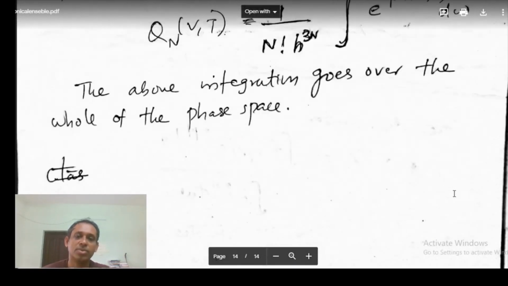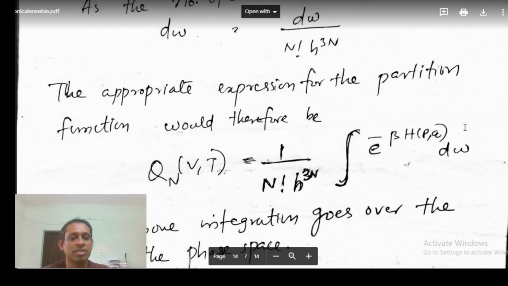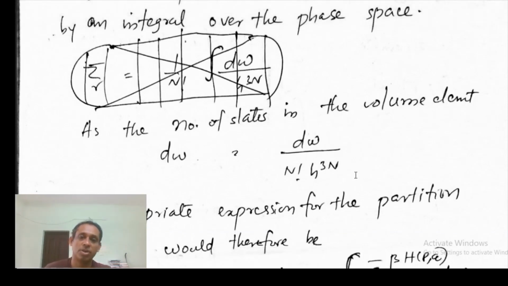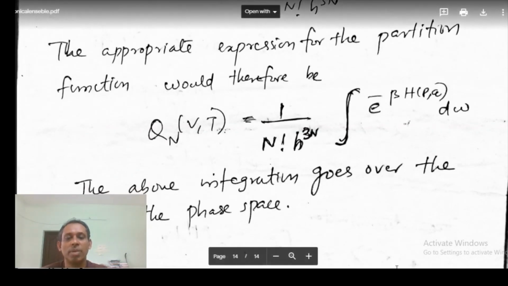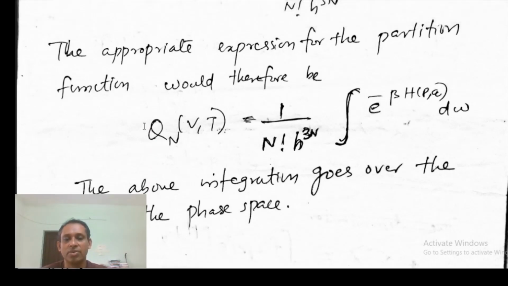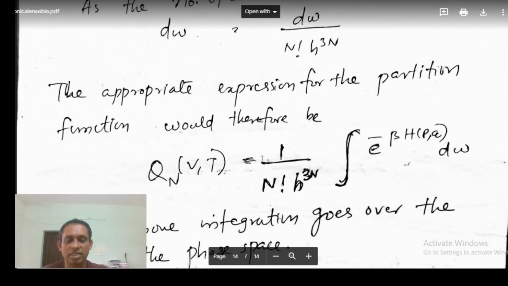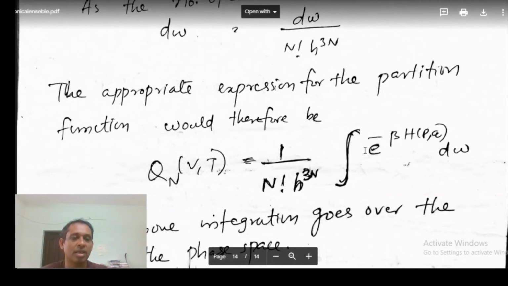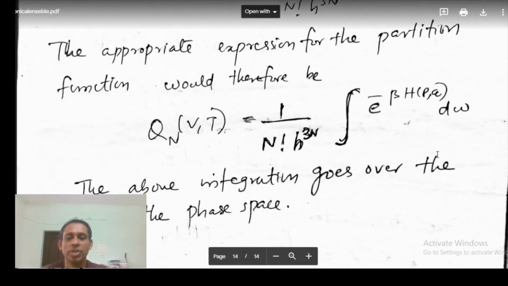So to do that, d omega is divided by h raised to 3N, the fundamental volume corresponding to 1 microstate, and then divided by N factorial, the Gibbs factor. So the partition function for a classical system is 1 by N factorial h raised to 3N integral e to the power minus beta H of qp d omega.